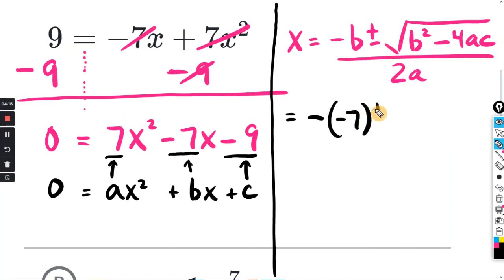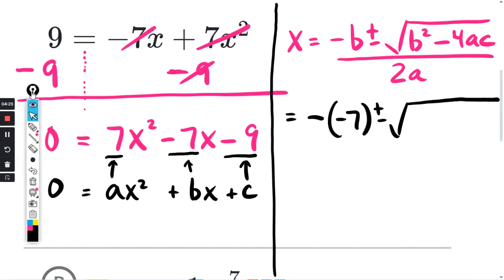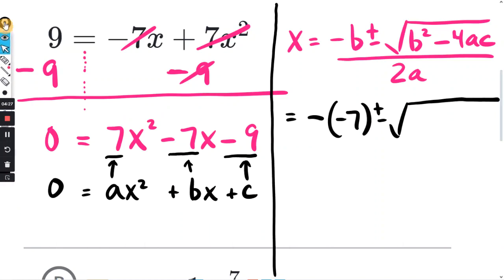Plus minus radical, and that's going to be b squared, so negative 7 squared, minus 4 times a, which is 7, times c, which is negative 9.